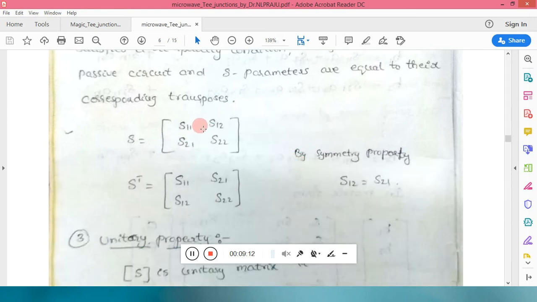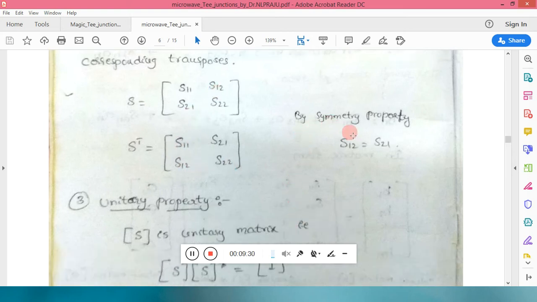So for S11, S12, S21, S22, S transpose is obtained by interchanging both subscripts: S11, S21, S12, S22. That is S transpose. According to the symmetry property, S12 is equal to S21, which means that with application of input at either port, the behavior of this two-port network is the same.